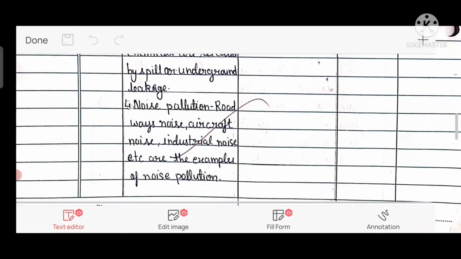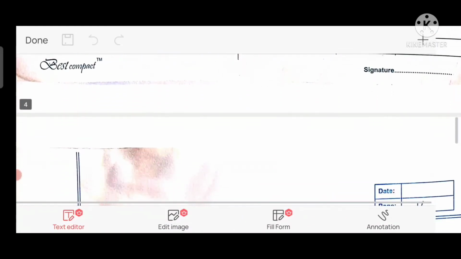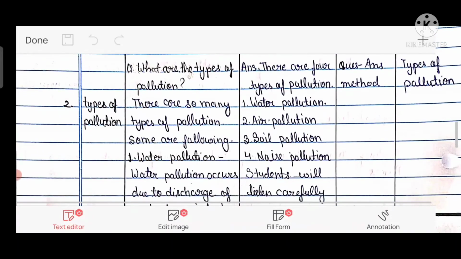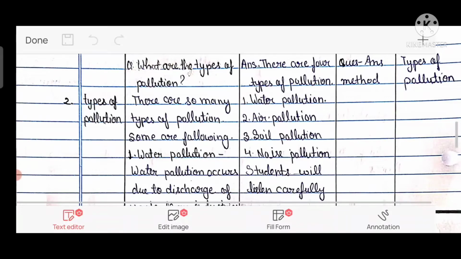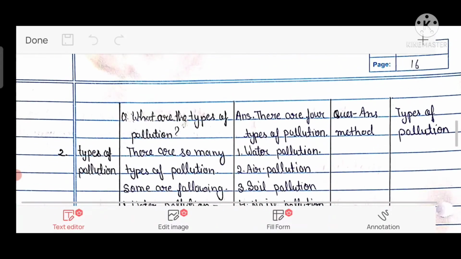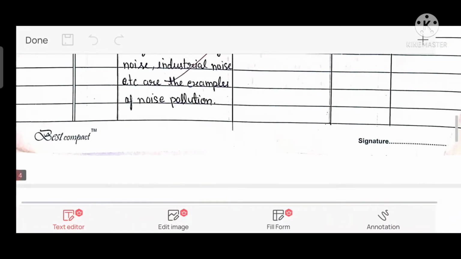Let's see here. Then we ask the next question. Here we will write types of pollution.